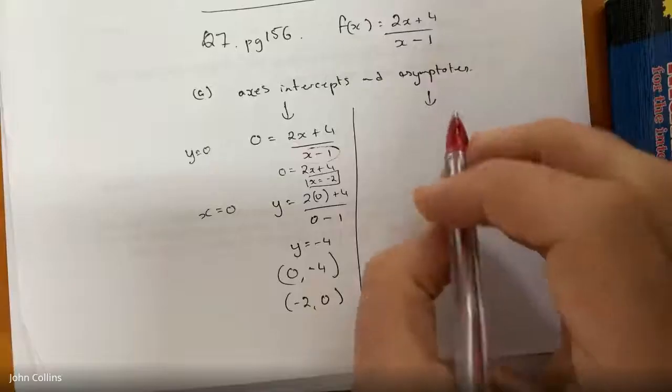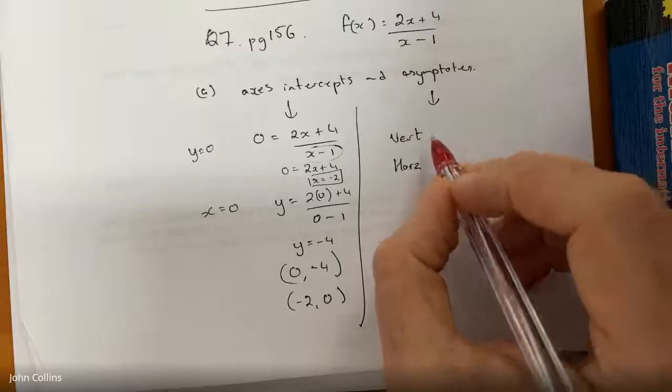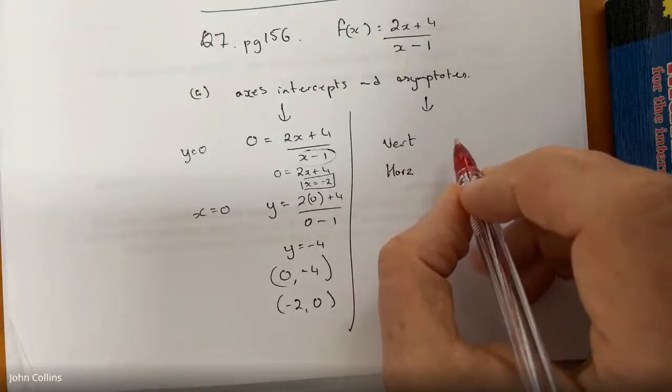Make x 1 so the denominator is 0. Okay, so can you tell me what the asymptotes are? It would be y equals 6. And is that the vertical or the horizontal asymptote? That's the vertical.